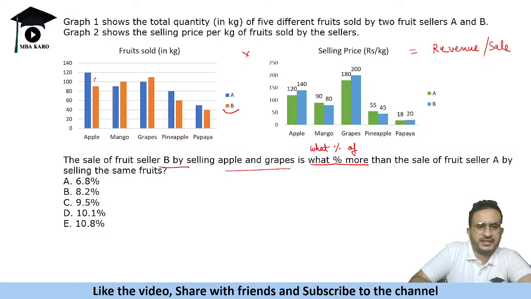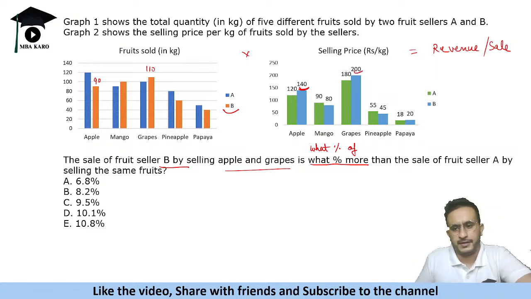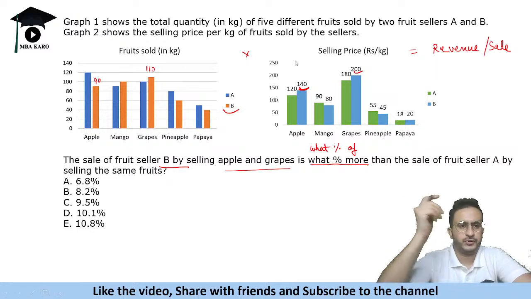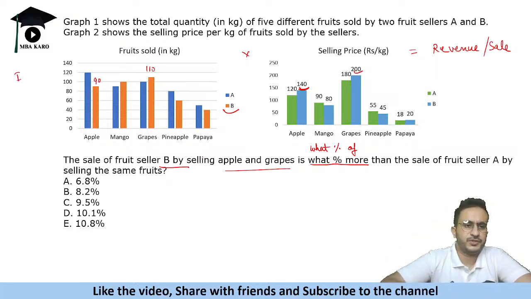Apple, he's selling 90. Grape, he's selling 110. And this is B upon, that gives 14. And this is 200. Now again, to speed up calculations, one more important thing in DI is ignore zeros.